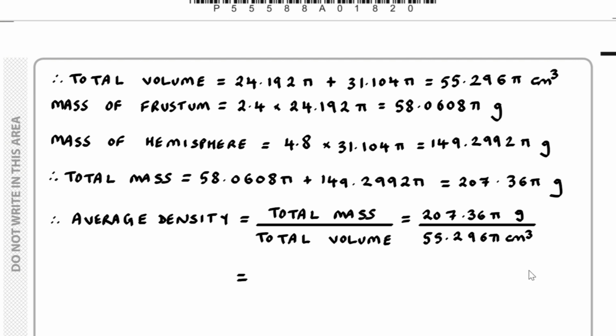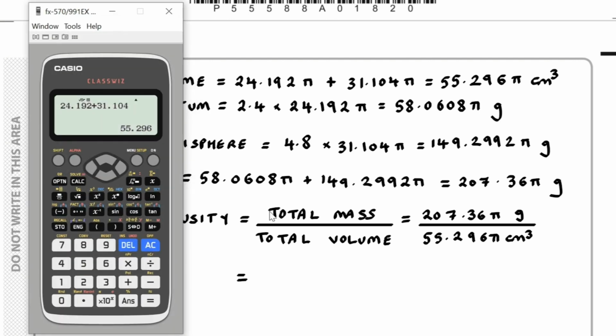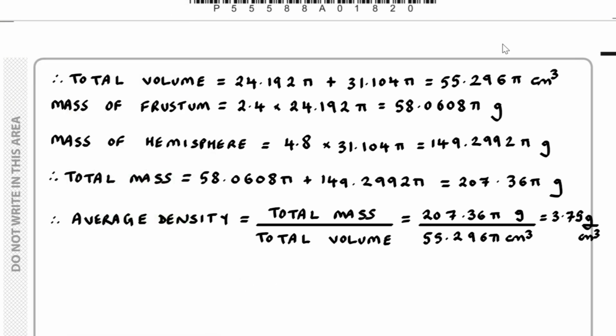So therefore the average density, pi's cancelled, so I've got 207.36 divided by this. So it turns out we get 3.75 grams per centimeter cubed. So we have 3.75.